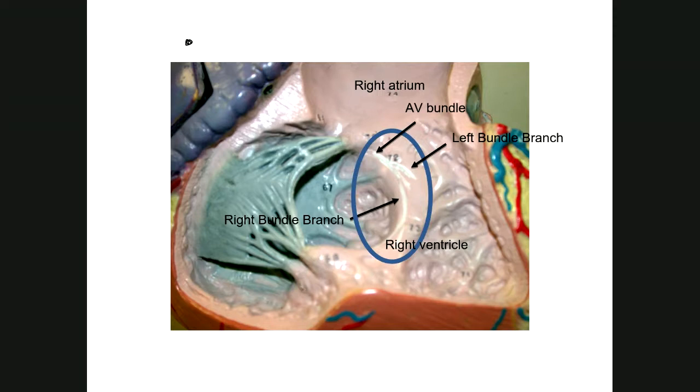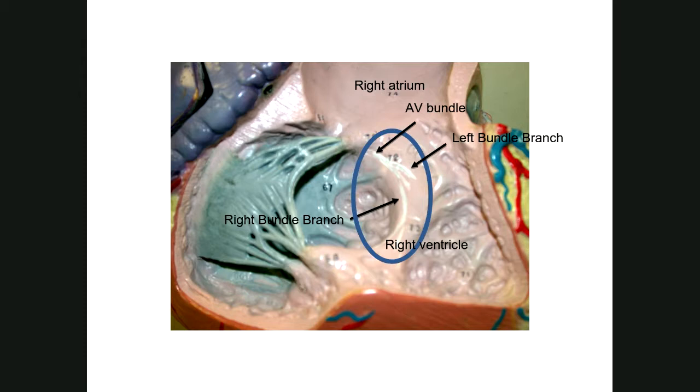And then we're going to go from the SA node and the AV node. Remember, it's going to come down. We're going to pass through that connective tissue. And you can see it right there, that white thing that we see. That is the AV bundle. So there's our AV bundle right there. Now you can't see much of it on the model, but that's it.